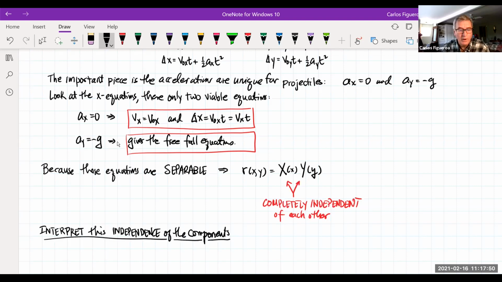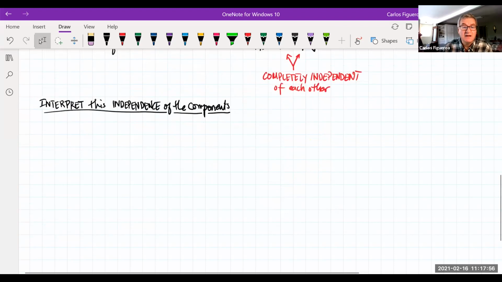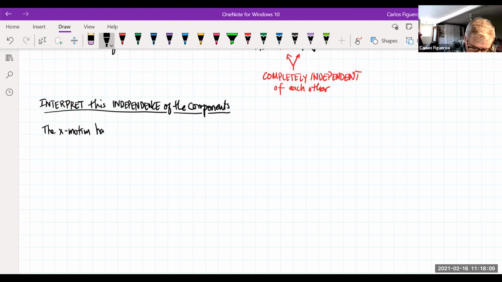I want to say, what does this really mean? What does this really mean? So what I want to do here is go in and draw some pictures. What do I know? The x motion has a_x equal to 0.